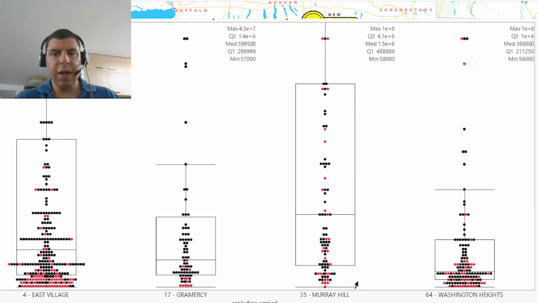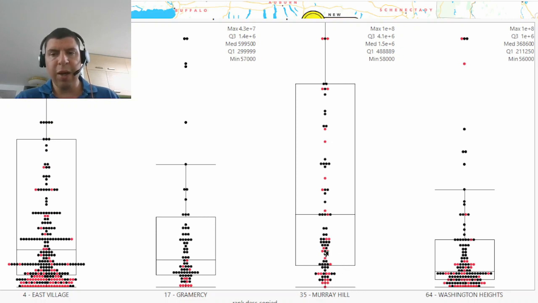Now, the first thing that I noticed that makes Murray Hill stand out is that there are a lot fewer properties that are for sale, and the prices are a lot higher. And that I can see right away just by the height of this box. This box in Washington Heights is very, very squished together, and that's because the majority of the properties that are on sale are being sold very close to the floor price.